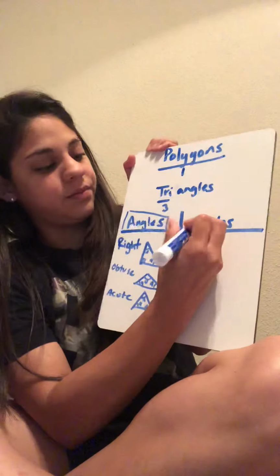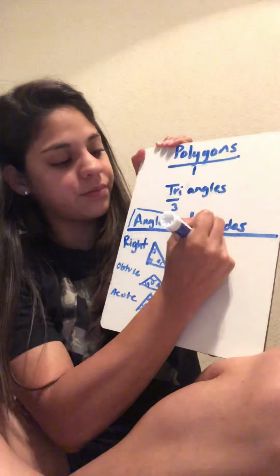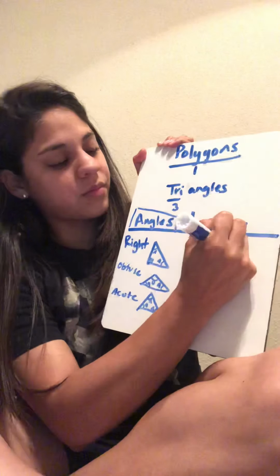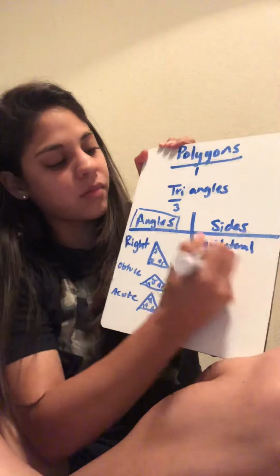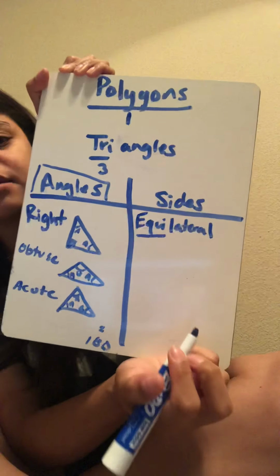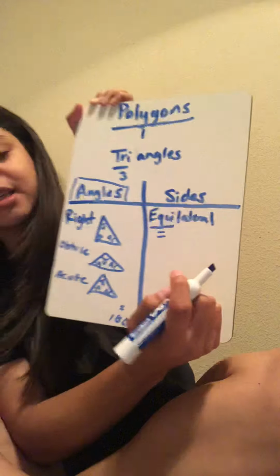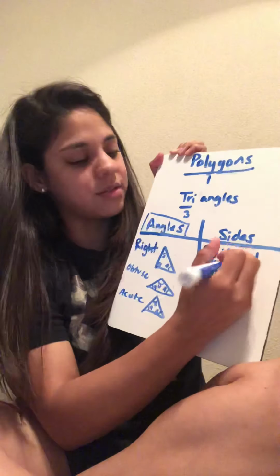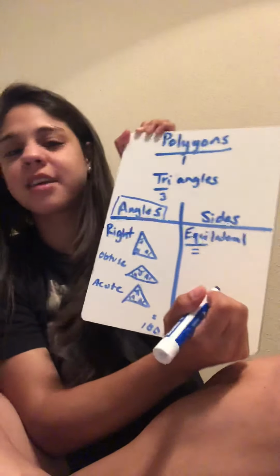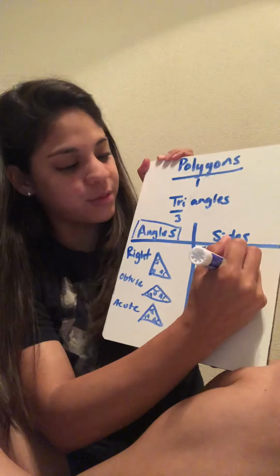Now, the most popular one and easiest to remember is the equilateral. Equal, equi, right? It means equal. And again, lateral means sides. So that means that all the sides are equal. Now, these are not drawn to scale because I am not a professional artist, but I will try my best.